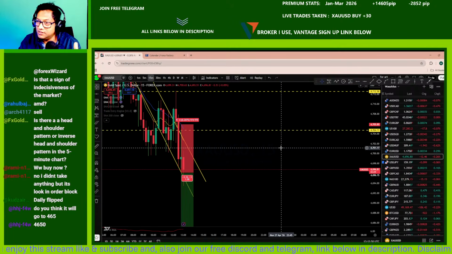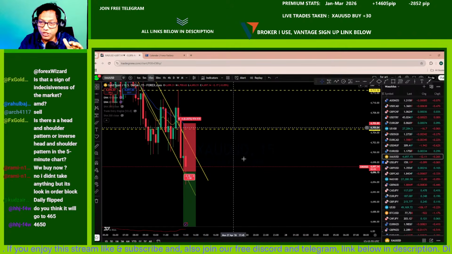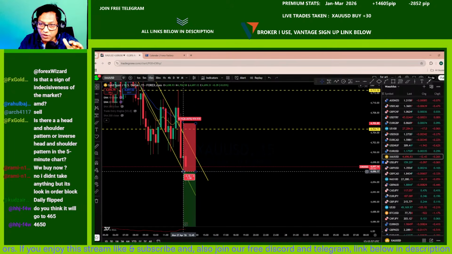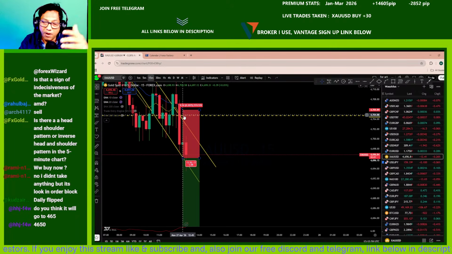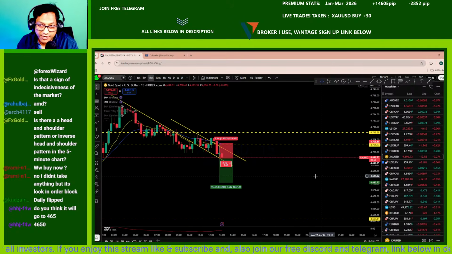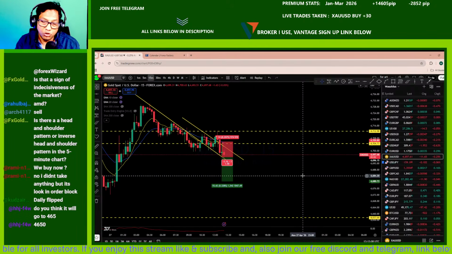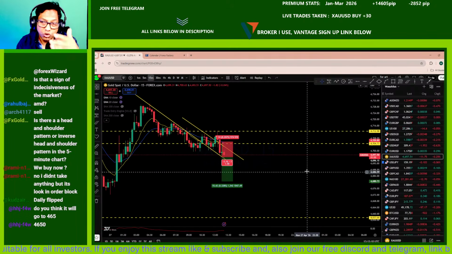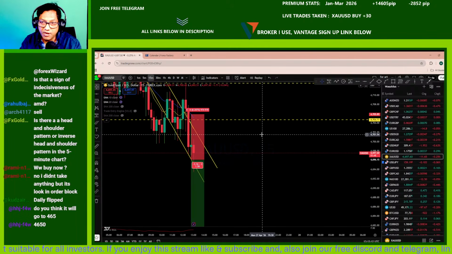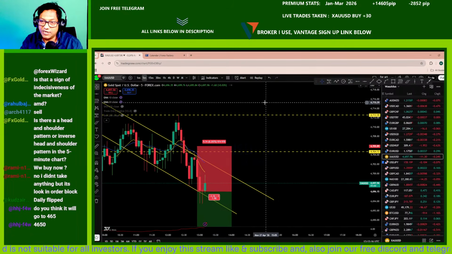If it does, you can see there is a 15 minutes doji, and my stop loss is above the 15 minutes doji. Usually if this is a strongly trending falling market, we should be able to see that move continue. However, if it goes up to hit our stop loss, we will be re-entering from that zone, keeping the stop loss above this high as a second entry.